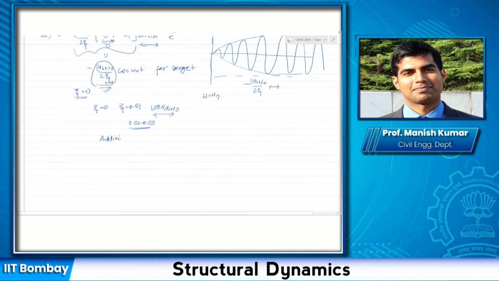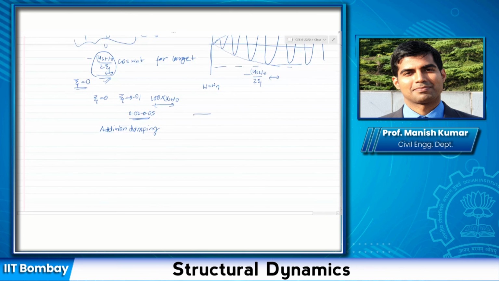If you increase additional damping, then you might ask, well, how do we add additional damping to the system? Because the structure already has its damping. Well, there are different types of devices. These are called damping devices. So you could have a viscous damper you can install in the structure.